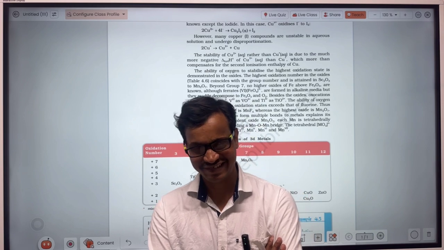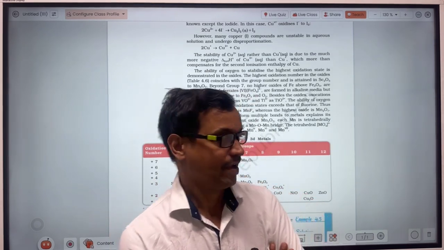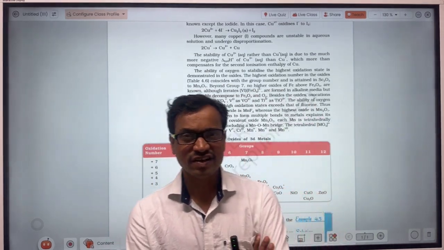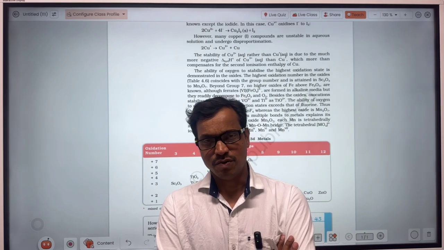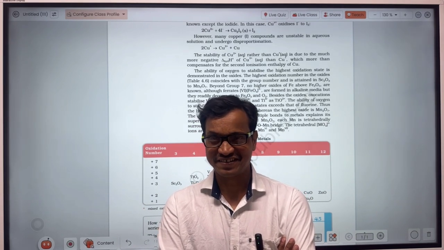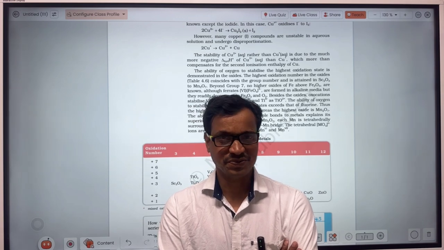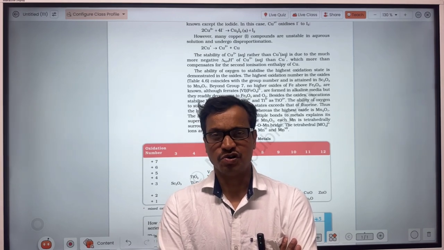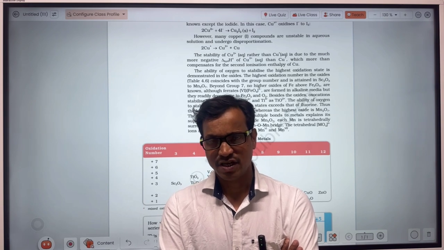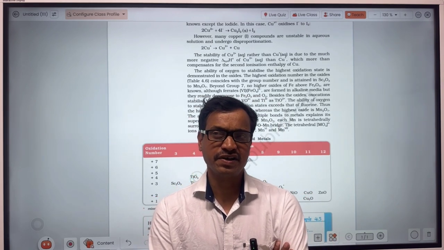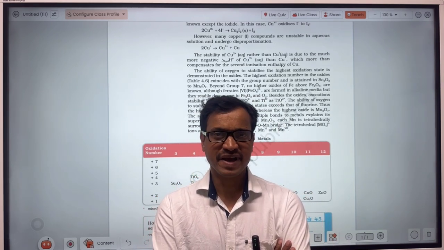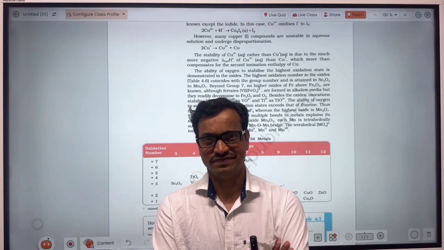Okay. Now one more point here: the greater the oxidation number, the more the covalent characteristic. I have taught you about that earlier also. The more the oxidation number, the more the covalent characteristic, because to release a greater number of electrons, a high magnitude of energy is required.